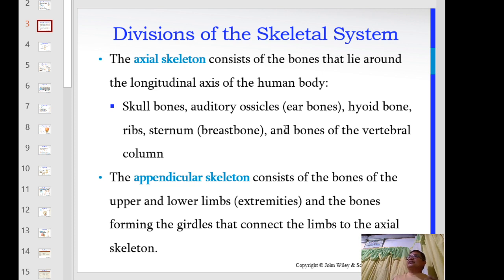The appendicular is the bones of the shoulder girdle, then the upper arm, the upper limb, and your legs and the pelvic girdle. Those are the appendicular, appendages. So they are appendant, no? They're hanging.